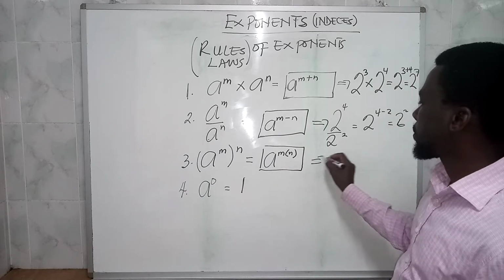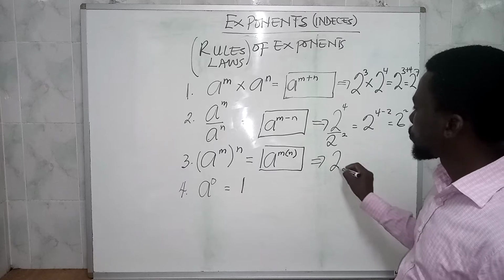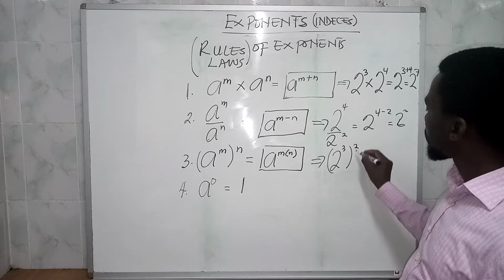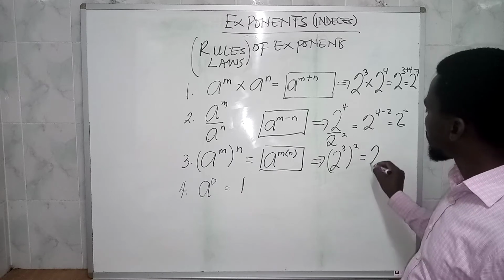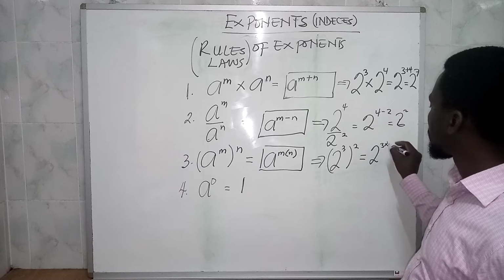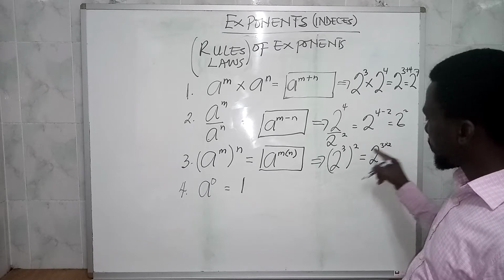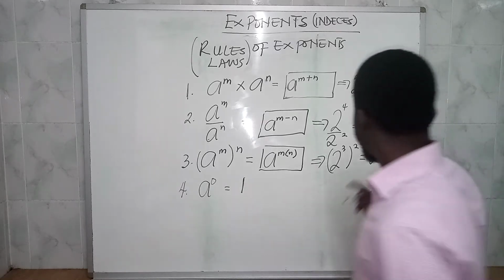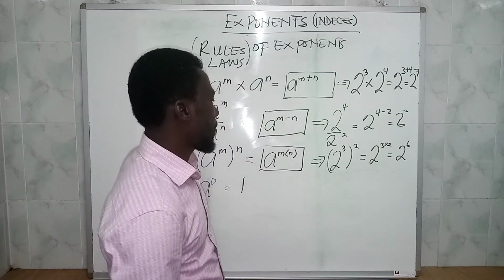Now if we have 2 raised to the power 3, all raised to the power 2, then the answer becomes 2 raised to the power 3 times 2. We multiply the powers. That is 2 raised to the power 6.